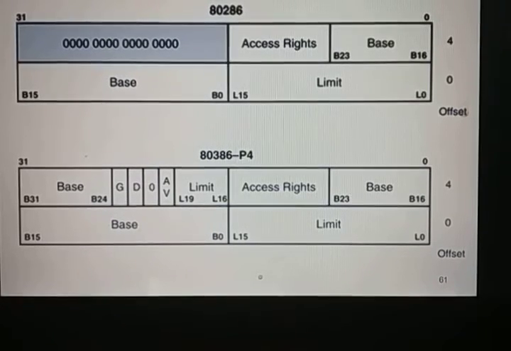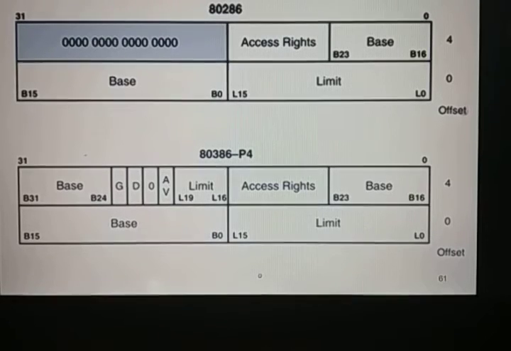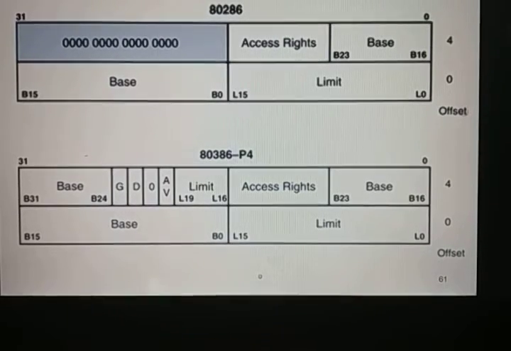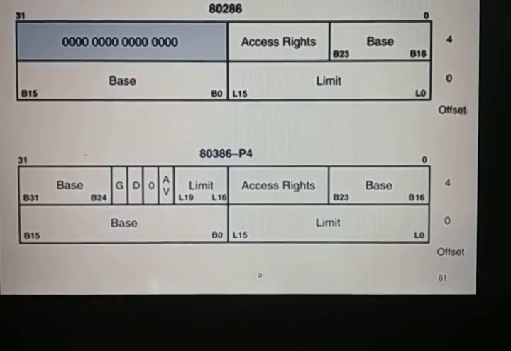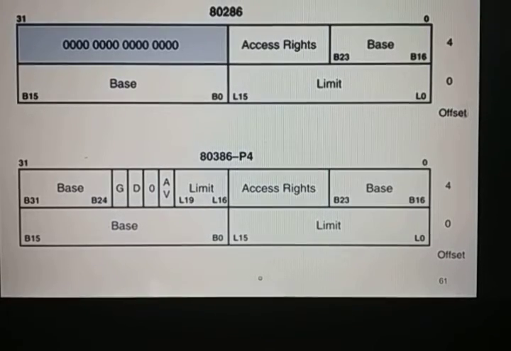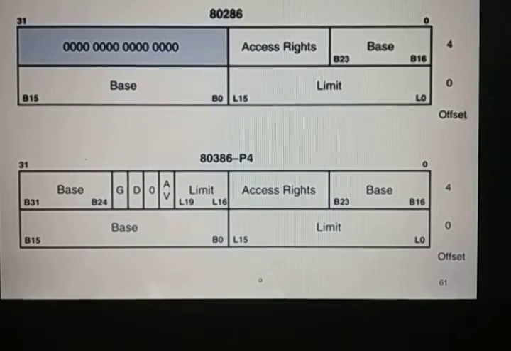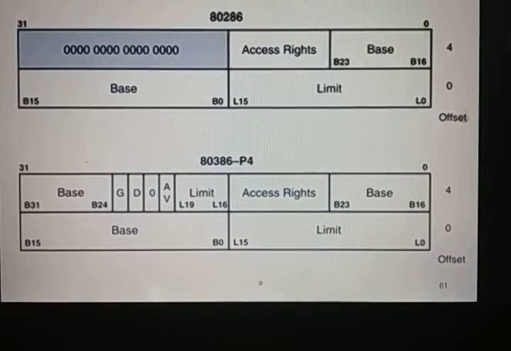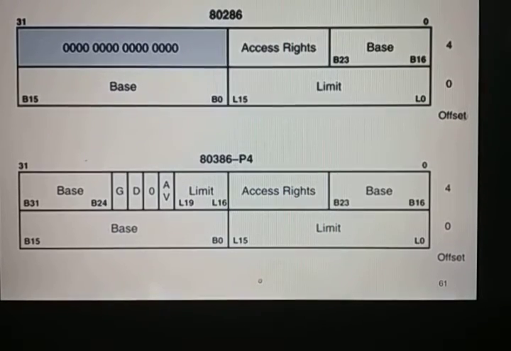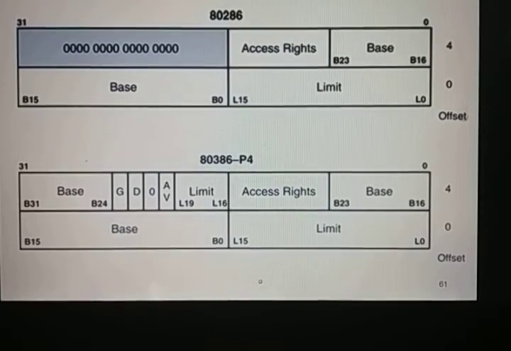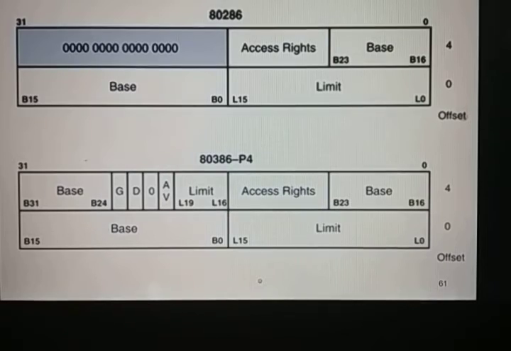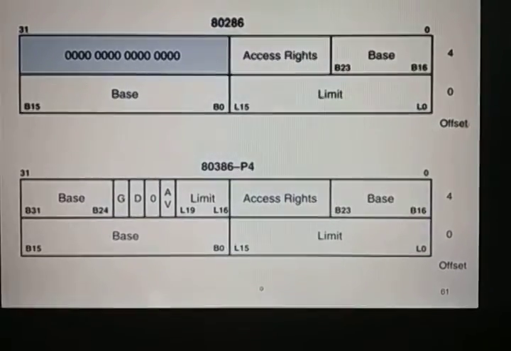Then the granularity bit defines the unit of your segment size. If this bit is 0, your segment size is in 1-byte units, so you can address a total of 1 megabyte of memory. If the G bit is set to 1, your unit size is 4 KB, so you can address 4 GB of total memory. Then the limit field defines the size of your segment, and the base field defines the base address of your segment.